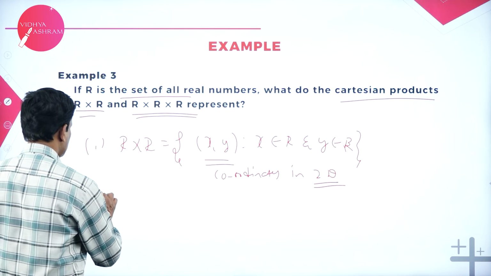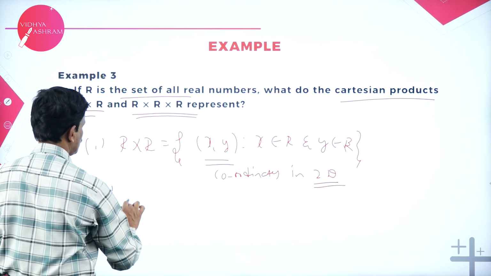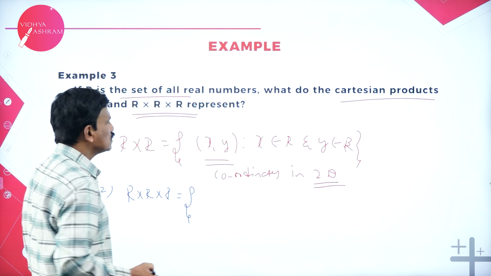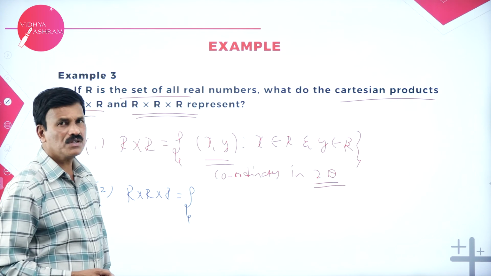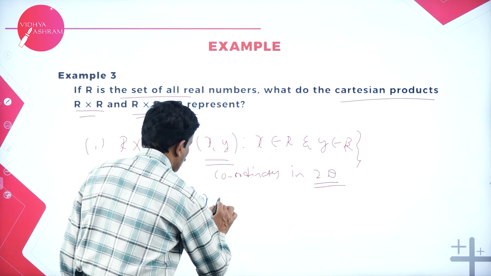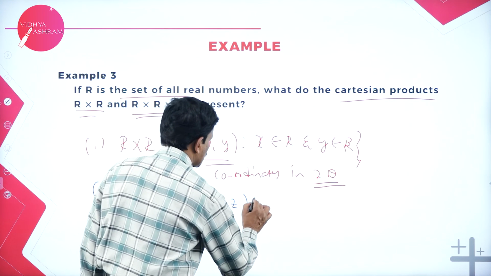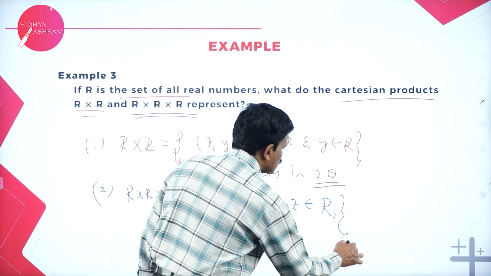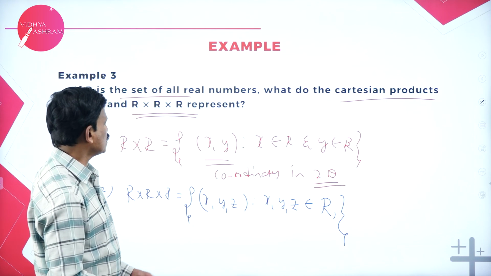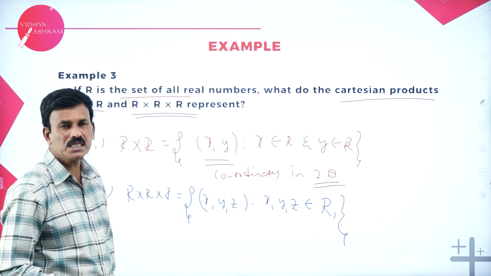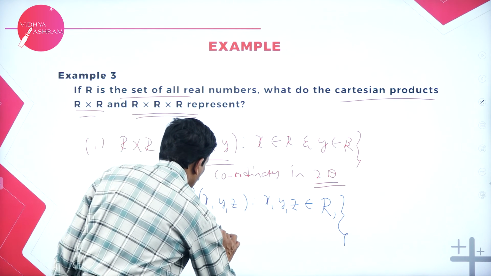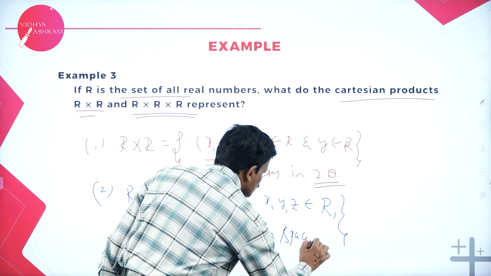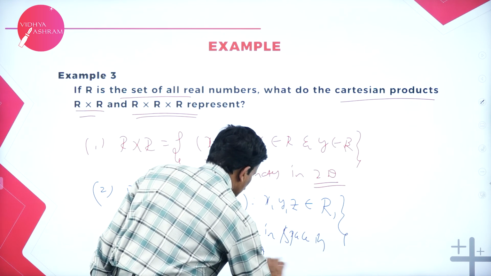Now, the second one is R cross R cross R. This is nothing but R into R into R, which represents (x, y, z) such that x, y, z belong to R. This will represent the set of all the coordinates in space in 3 dimensions, the coordinates of 3-dimensional space.